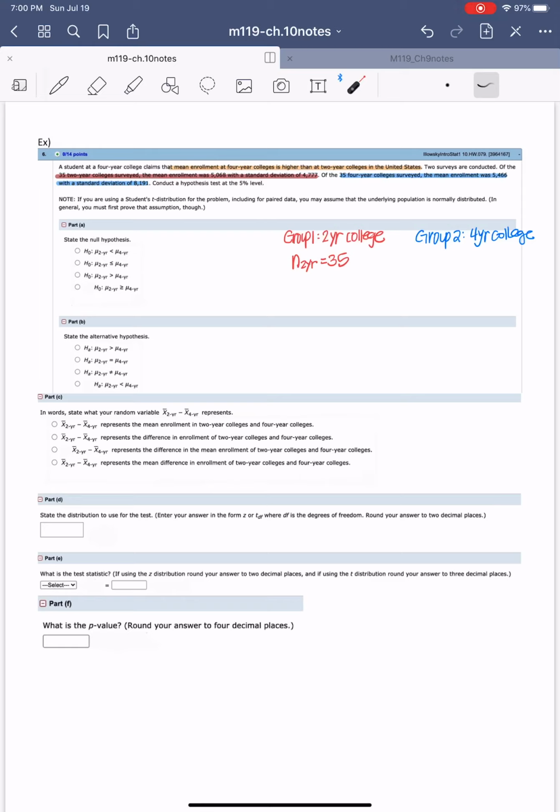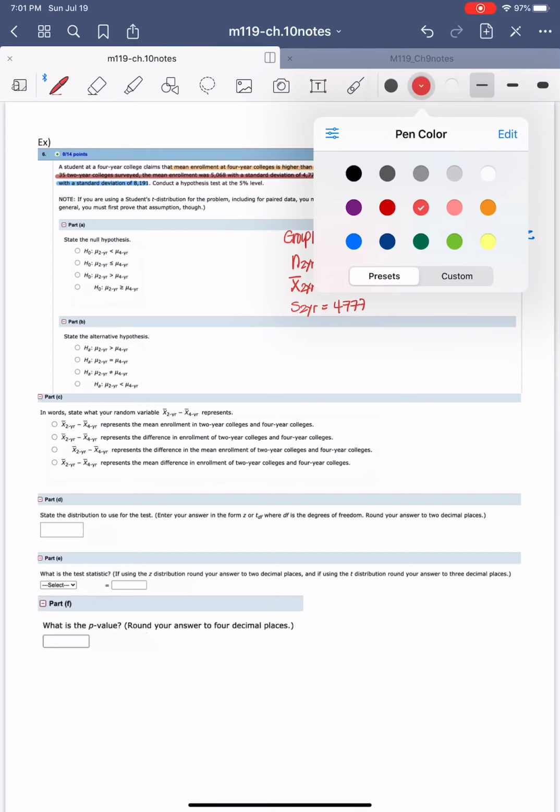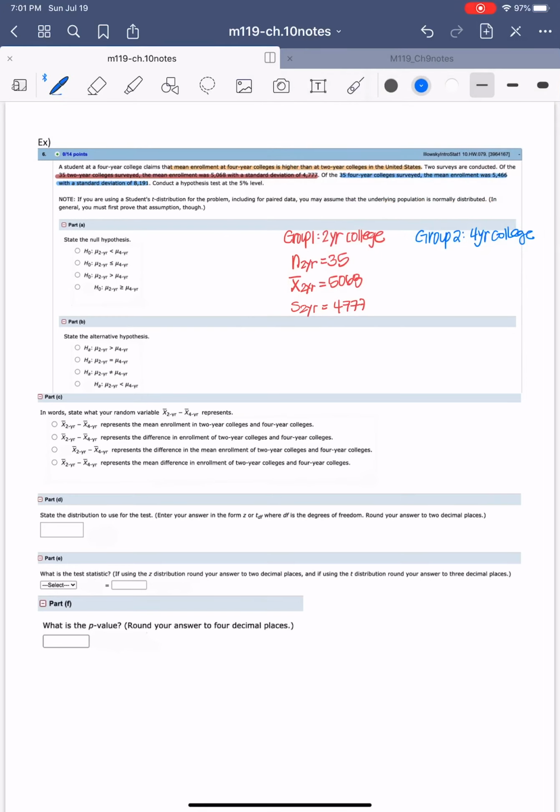Okay? So we have n two-year equal to 35, and then the sample mean of the 2-year college is given as 5,068, and then sample standard deviation is 4,777. Now let's fill in some information for group 2.